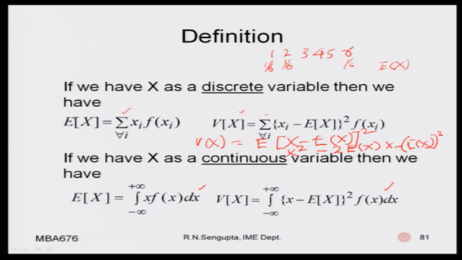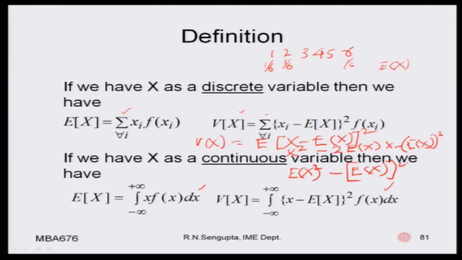Now this is the term which is inside the bracket. If you take again the expected value of this, at the end of the day what you have is E of x square, which means the expected value of the square of the random variable, minus, if you find out these two values, E of x whole square.